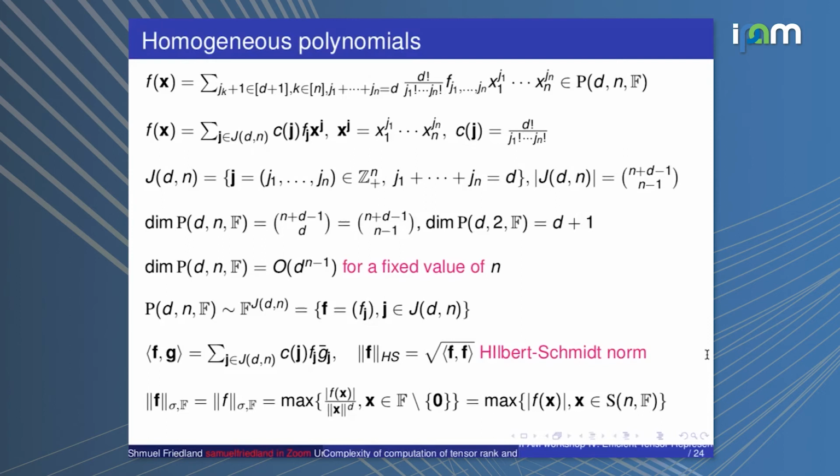Then we can define the Hilbert-Schmidt norm of this bold f. We can also define the spectral norm of bold f, and this has a very simple geometrical meaning. It's just the maximum of the absolute value of f(x) on the unit sphere.